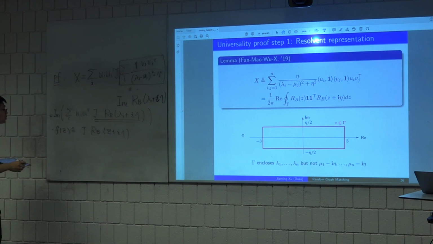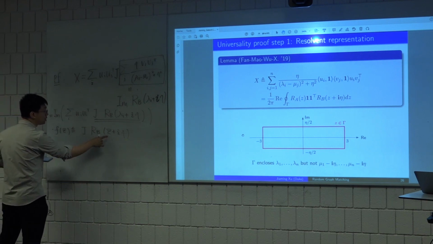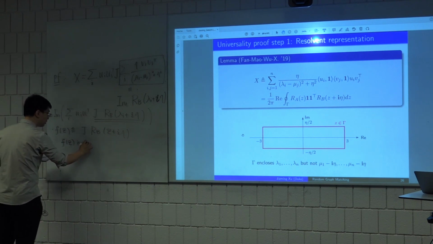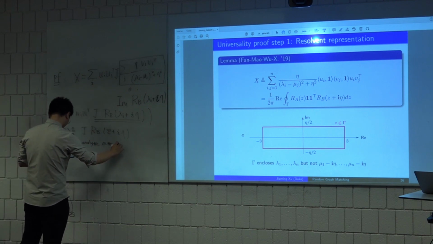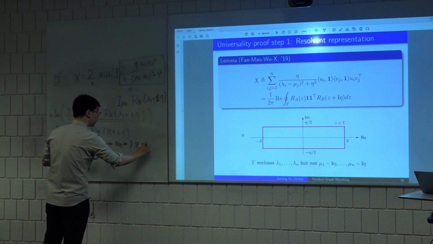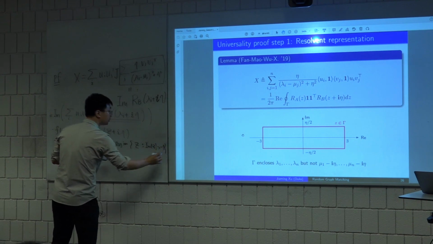Okay, so now the crucial thing is that if I look at f(z), so that's this part, there's a claim f(z) is actually analytic over the region as long as this z, the imaginary part, is bigger than minus eta.